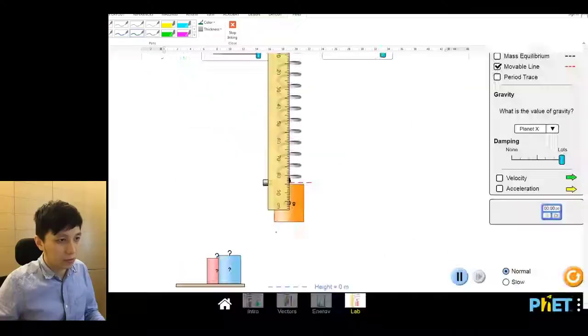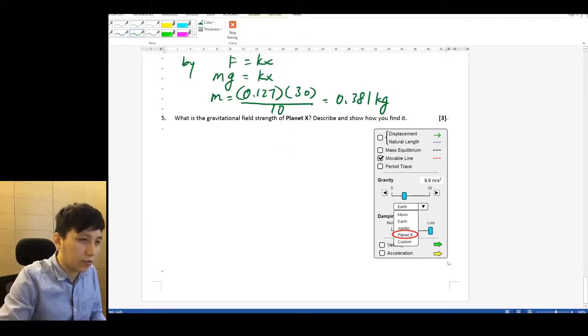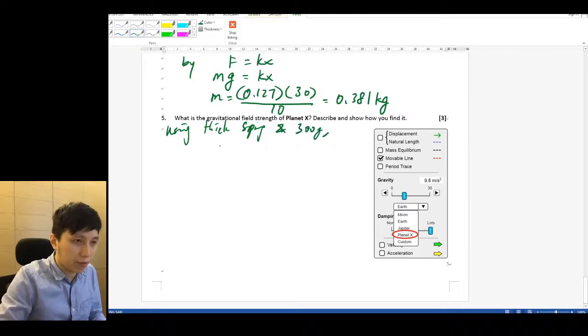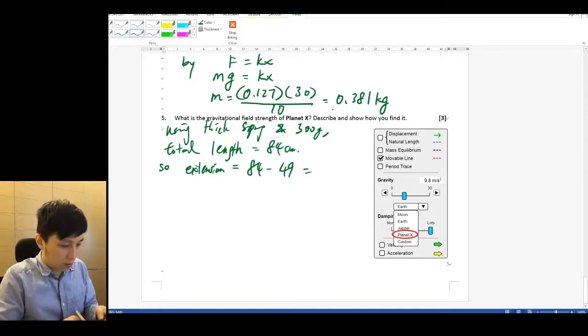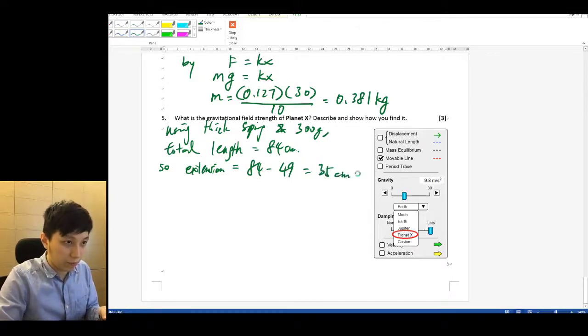84. Okay, so same idea, you can say again using the thick spring and 300 gram mass, the total length, of course we have already changed to planet X, total length would now be 84 cm, and so the extension is going to be 84 minus 49, and calculating that, it's going to be 35 cm.